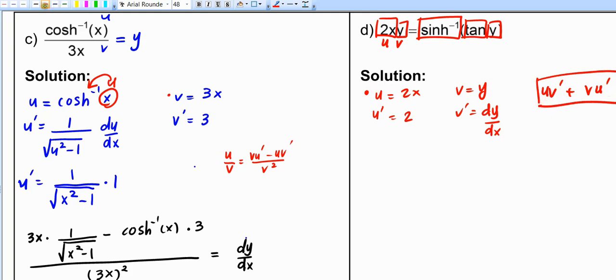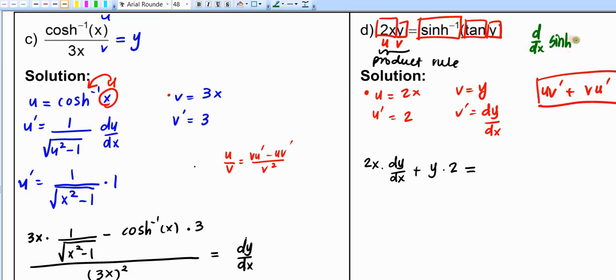Now we solve the question. We use the product rule, so substitute into the formula: u v prime plus v u prime, equals the derivative of the sine inverse. Now we want to find the formula for differentiating inverse hyperbolic sine of u, where our u is tangent y.